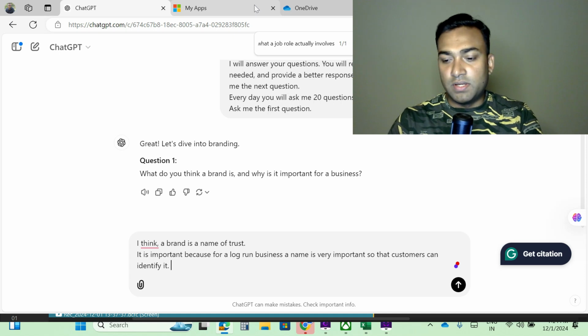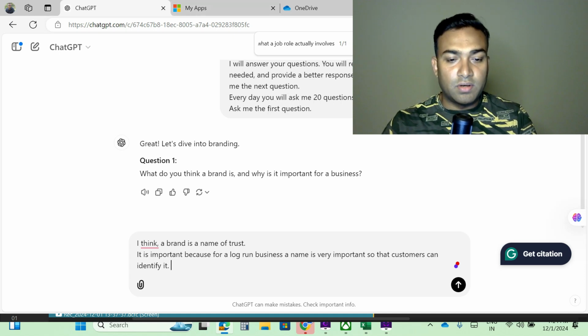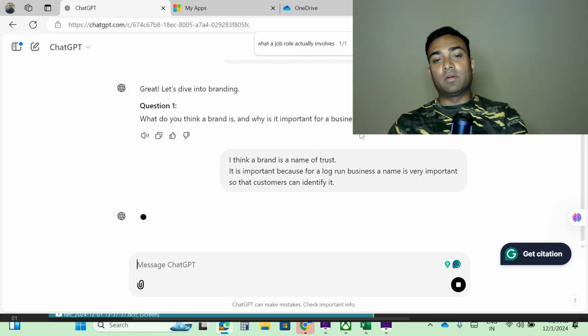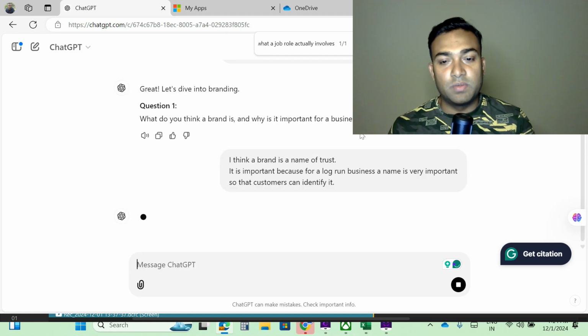I don't know whether it is correct or wrong. Anyway, not an issue. If it is correct, okay. If it is not correct, ChatGPT will correct me, or provide me a better answer as well. So let's see how it works.